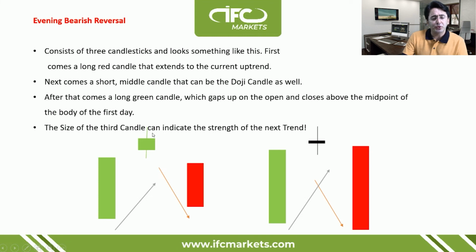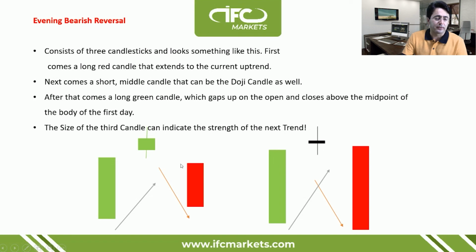And vice versa is the evening bearish reversal. The evening bearish reversal usually appears at the end of an uptrend. You can see the bullish candle, and then a small candle with a small shadow above or below, or it can be even something like a doji star.